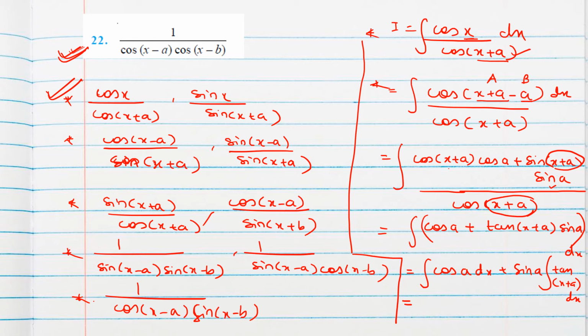So cos a integral 1 will be cos a into x, and here sine a, and log of sec (x plus a) will come, isn't it? Integral of tan is what? Special integration: log of sec into (x plus a) will come. Plus c. Understood?